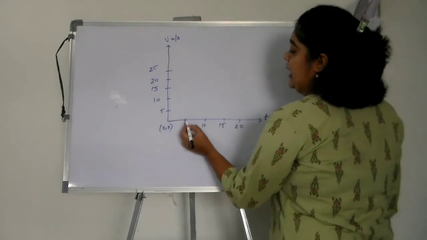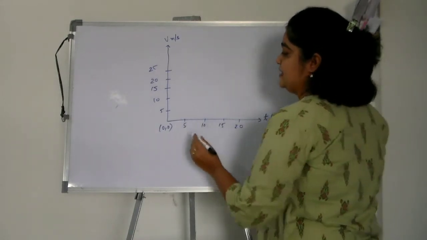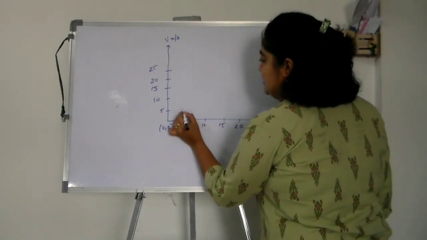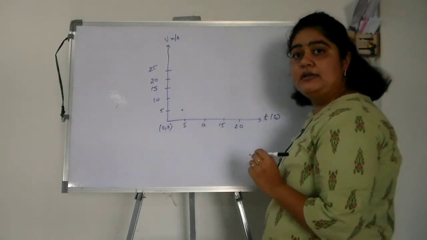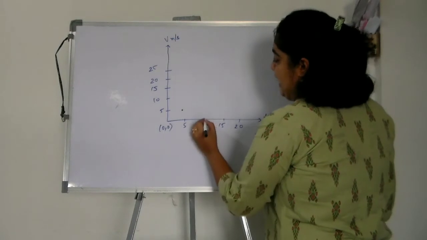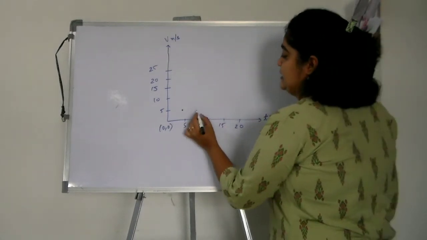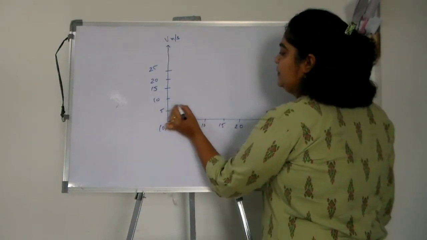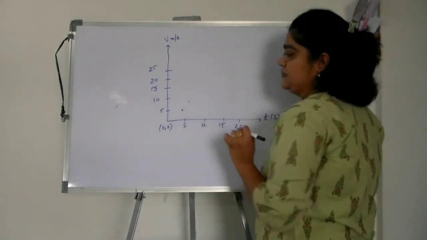For example, at time t equals 5 seconds, the velocity of the object is 5 meters per second. At 10 seconds, it is not 10. Say the velocity is somewhere between 5 and 10, somewhere here, 8.